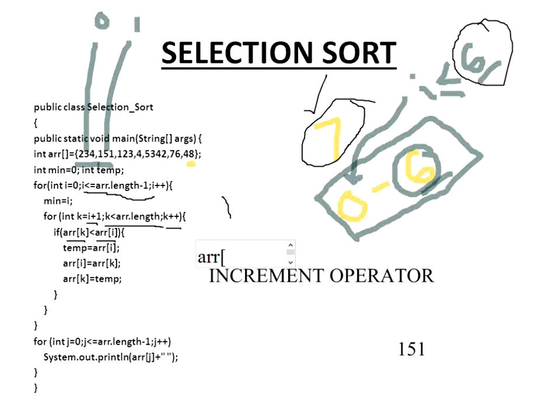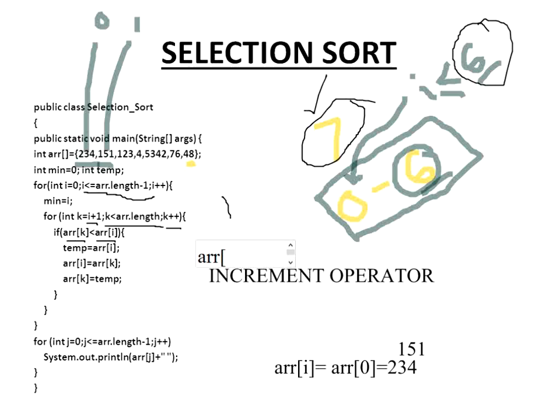Yes, it refers to 234 because ARR[i] refers to ARR[0], and 0 is the index value of the first data item, and the first data item is 234. So it will check whether 151 is less than 234 or not.